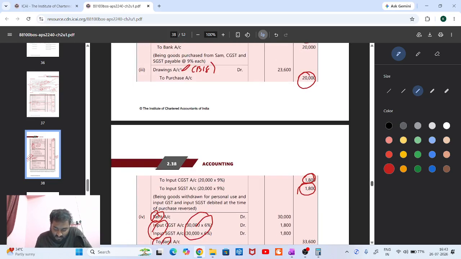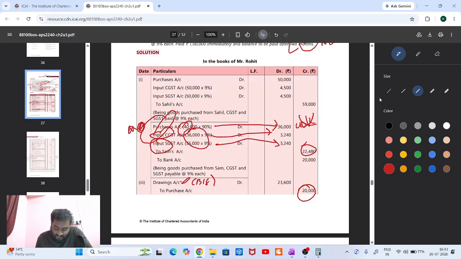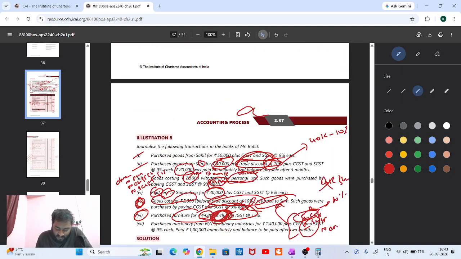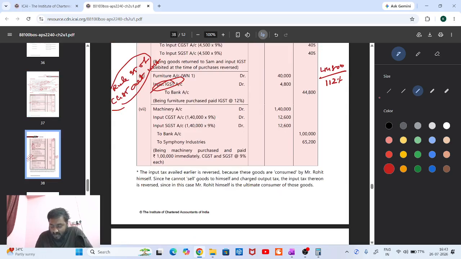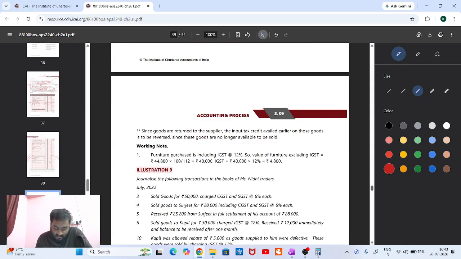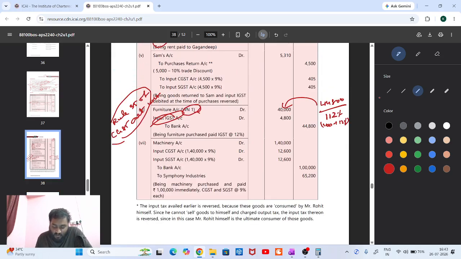Here the rate is 12%, so the formula is 100 plus whatever percent they are asking. If you calculate this, 40,000 will come. This is also the working notes. That is the rule mentioned in the GST.